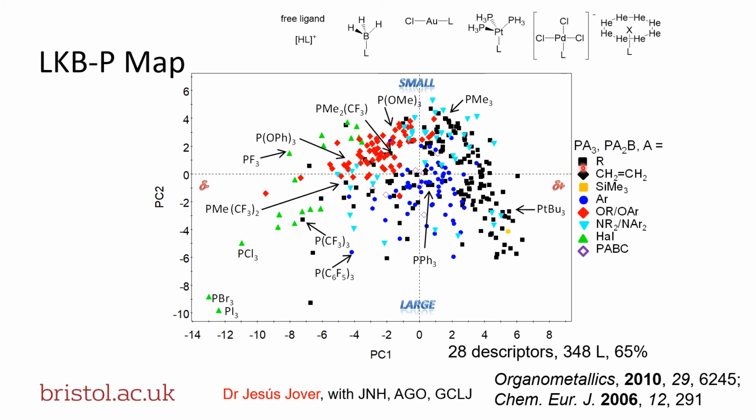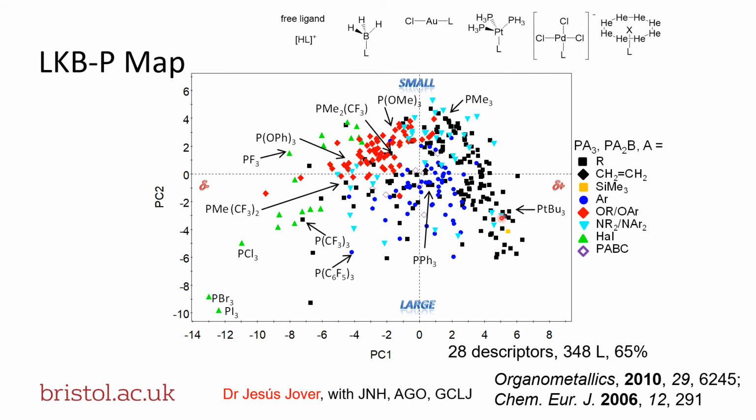So R corresponds to alkyl groups, AR corresponds to aryl groups, and then different substituents are different shapes and different colors. And what you can hopefully see is that the ones that are similar in terms of their chemistry are quite close together, and the ones that are different in terms of their chemistry are quite a long way apart. So that's why I keep talking about these maps.